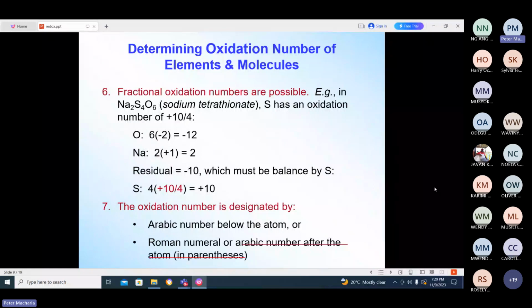So then suppose I ask you, what is the oxidation state of sulfur in SO4 2 negative? Can you calculate? What is the oxidation state of sulfur in SO4 2 negative?